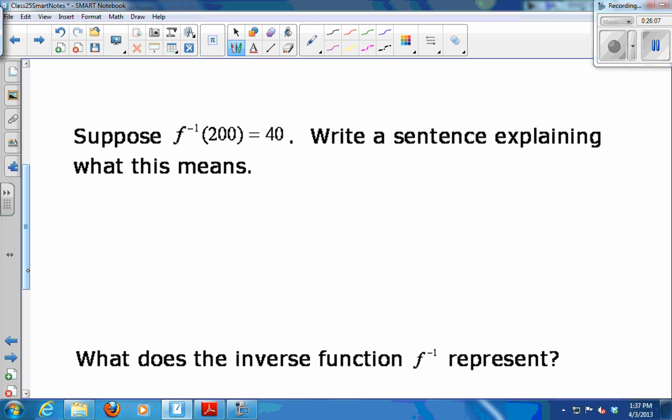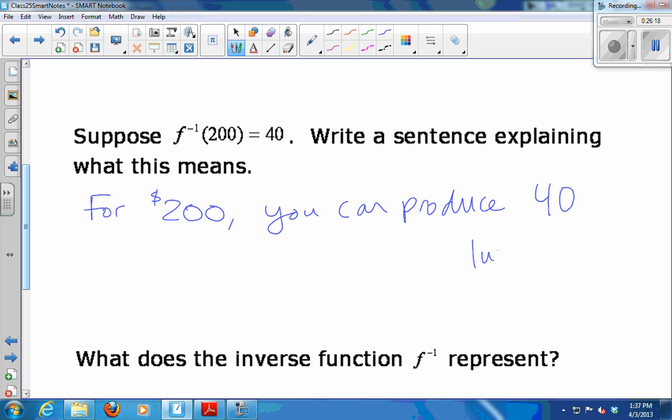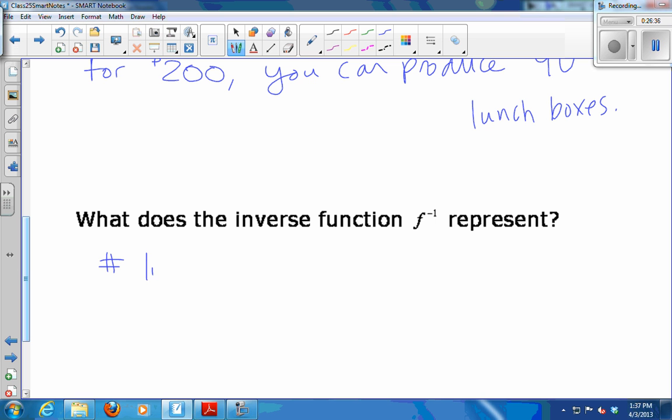So this sentence says that for $200, you can produce 40 lunch boxes. And in general, the inverse function tells you, for a given cost, how many lunch boxes you can make. It tells you number of lunch boxes for a given cost. You plug in cost, you get out number of lunch boxes.